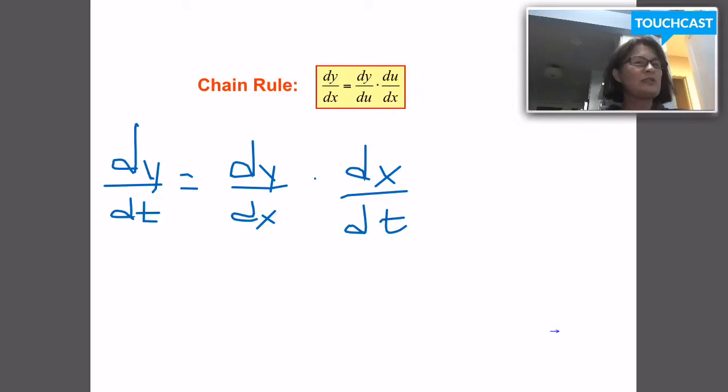So same process, I'm just using different variables here. So this is how we're going to be able to use the chain rule to find derivatives, so slopes of parameterized curves.